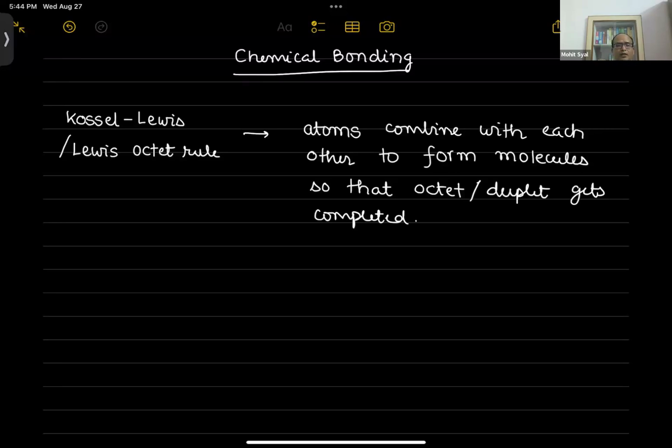And there are two ways to do that. One is through complete transfer of electrons, that will lead to the formation of a cation and anion, which are held together by electrostatic force of attraction, or through sharing.